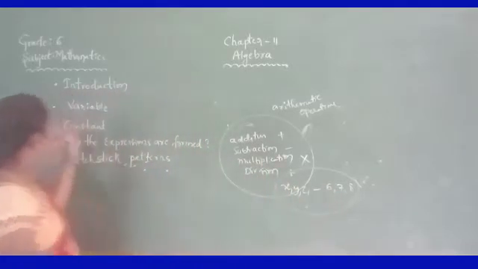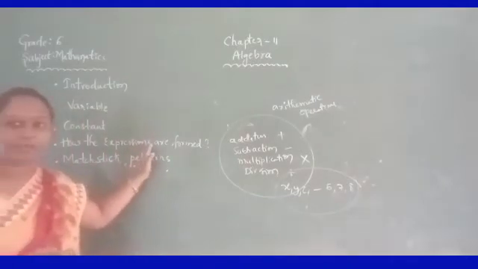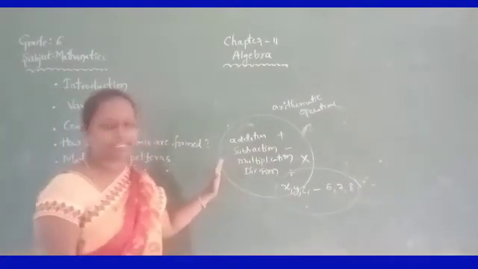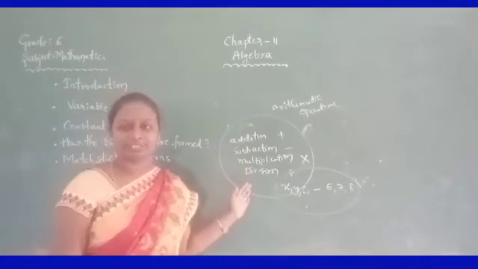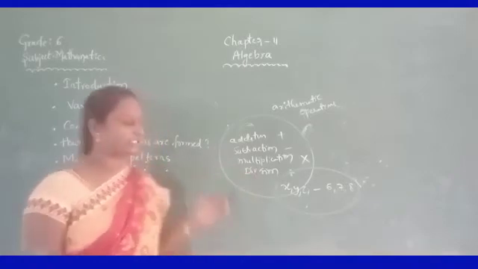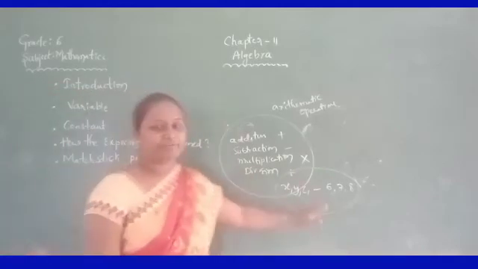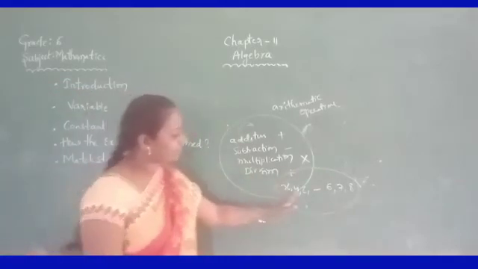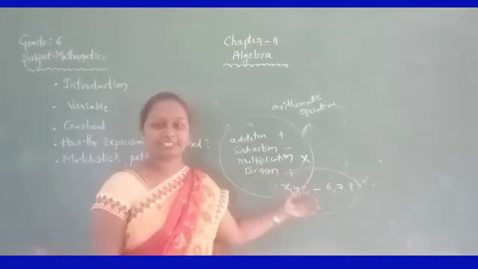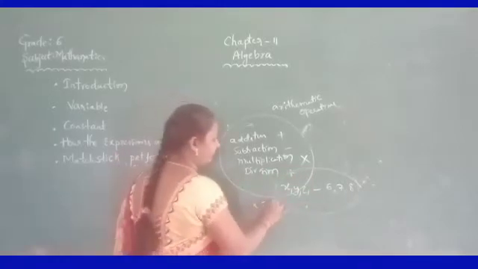Here, what is a variable? A variable means it can vary. It does not have a fixed value; the values will change. And what about a constant? A constant is nothing but a fixed value. Suppose a variable takes the values 1, 2, 3.